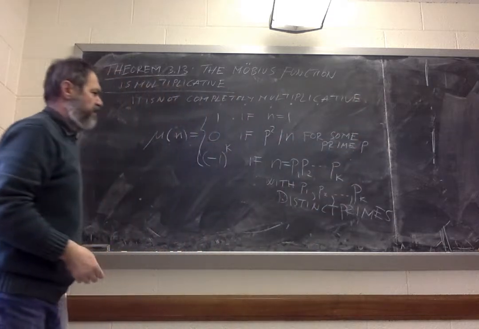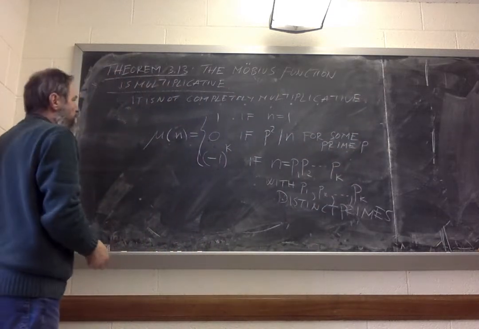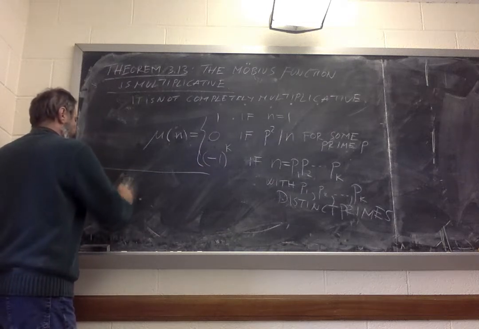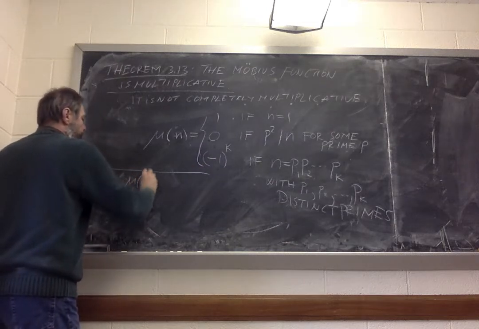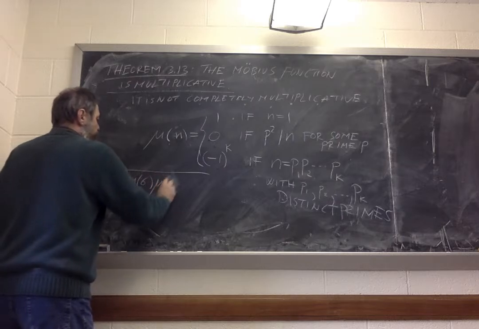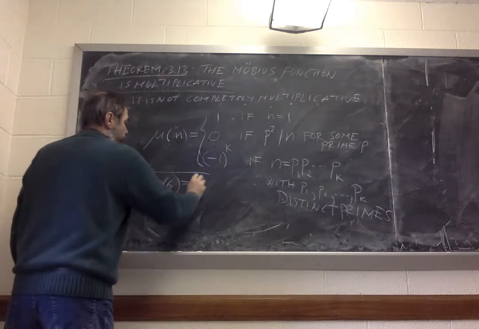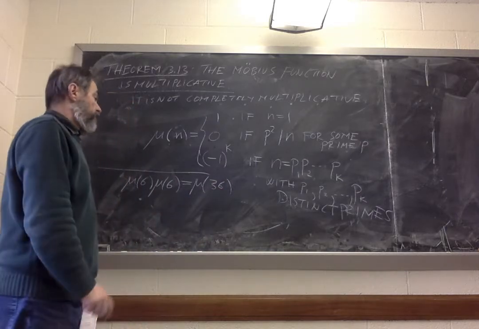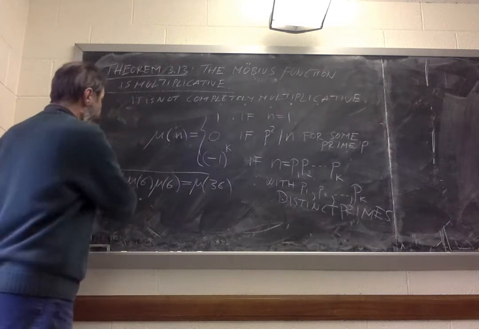And to see an example we want, say, mu of 6 times mu of 6 is not equal to mu of 36. It's not equal. First of all, what is mu of 6?